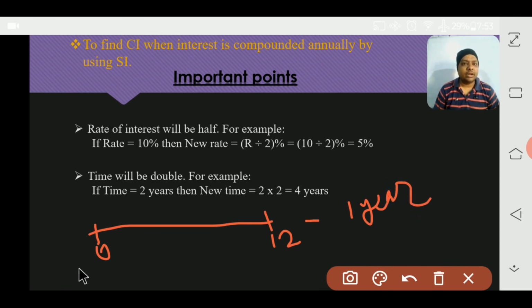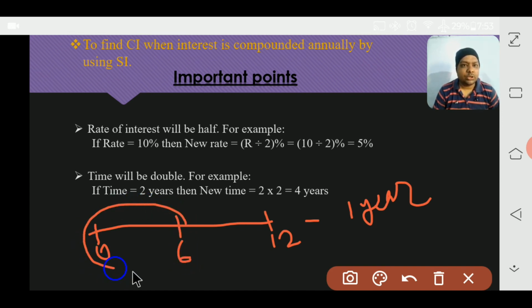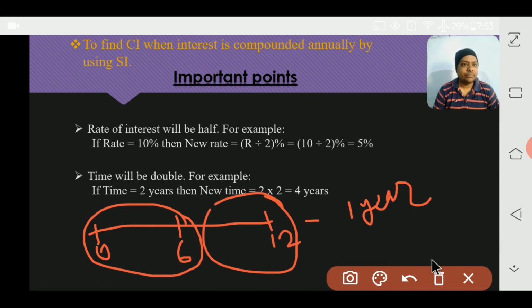It means after completing this 12 months, the money borrower has to pay the interest and a final amount also. But if interest is compounded half yearly, it means 6 months will be 1 year. It means he has to pay the amount after 6 months. So if we assume this 0 to 6 months 1 year, then 1 plus 1 is 2 years.